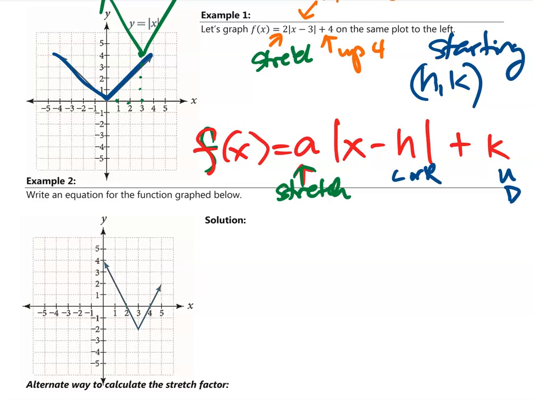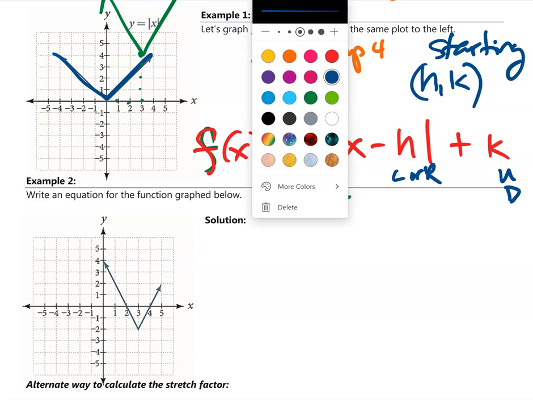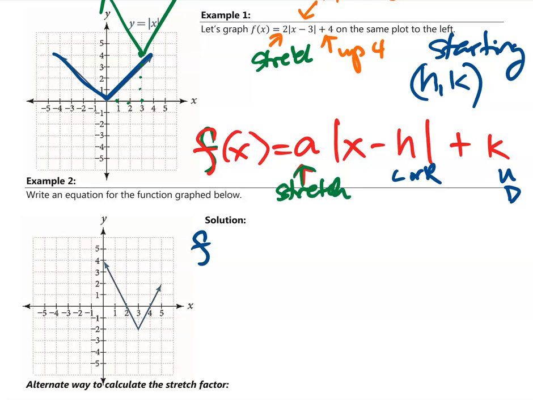So this time, given the graph in example number 2, we want to find that equation. Here, the original absolute value function from the origin is the V. If you notice the transformations here, you move this 3 to the right and down 2.